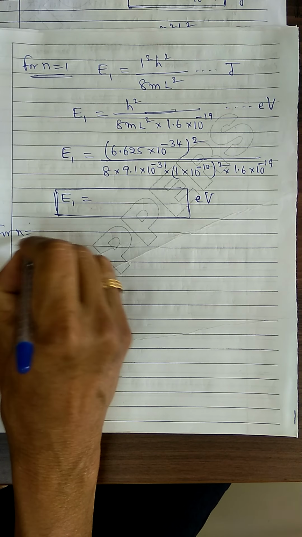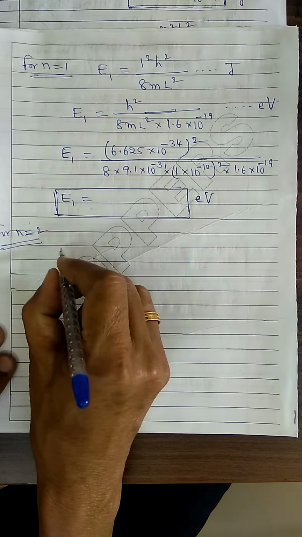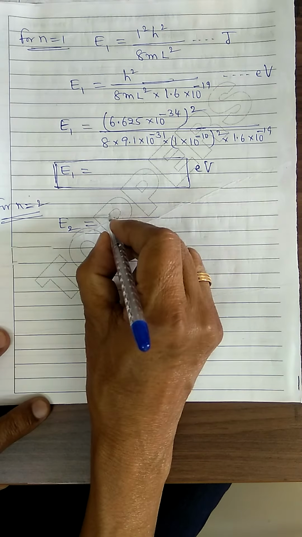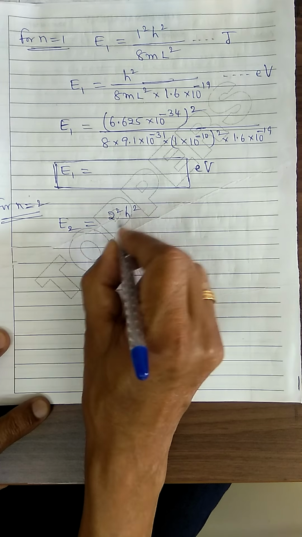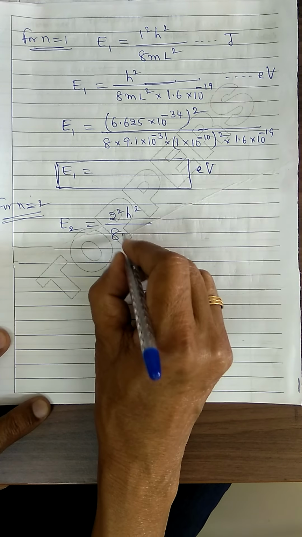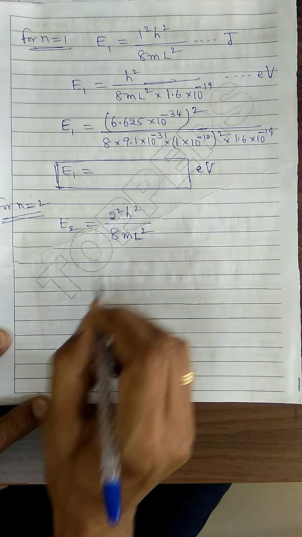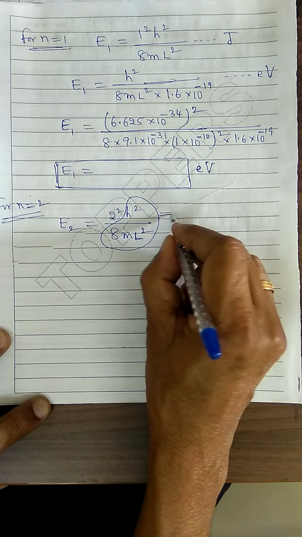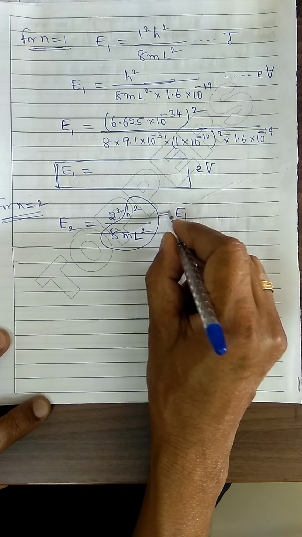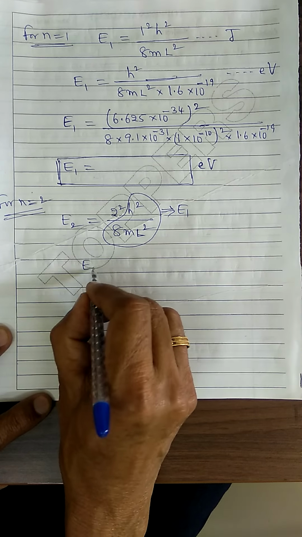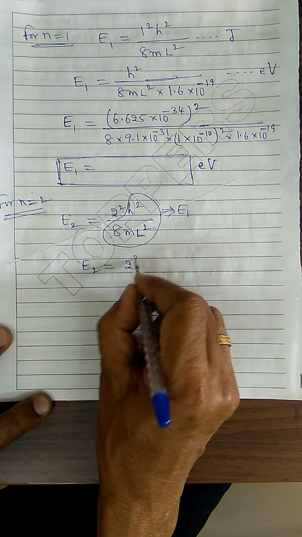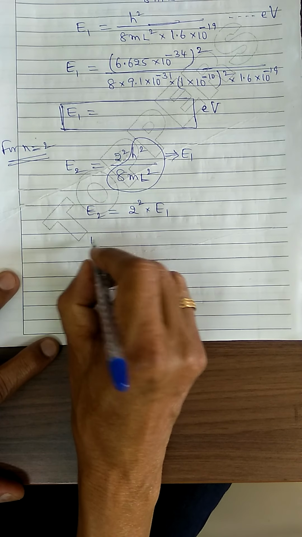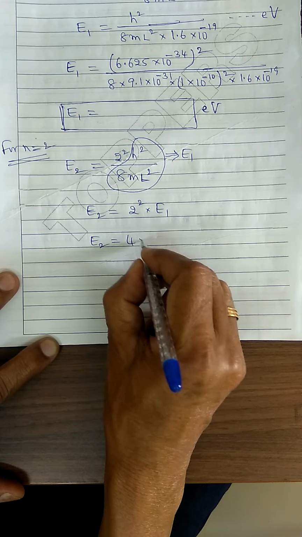For n is equal to 2, you will get E2. E2 is equal to 2 square h square divided by 8 m L square. But we already found this value; it is equal to E1. Therefore E2 is equal to 2 square times E1, that is 4 times E1.